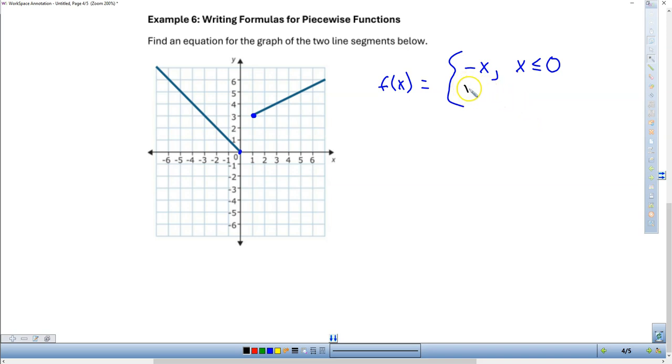So we have 1/2 x, and notice that we also started up higher, so that is plus 3, and that should be for when x is greater than or equal to 1. Notice there are no values from 0 to 1, and that is an important distinction of things you can do with a piecewise function, because in this range nothing exists.